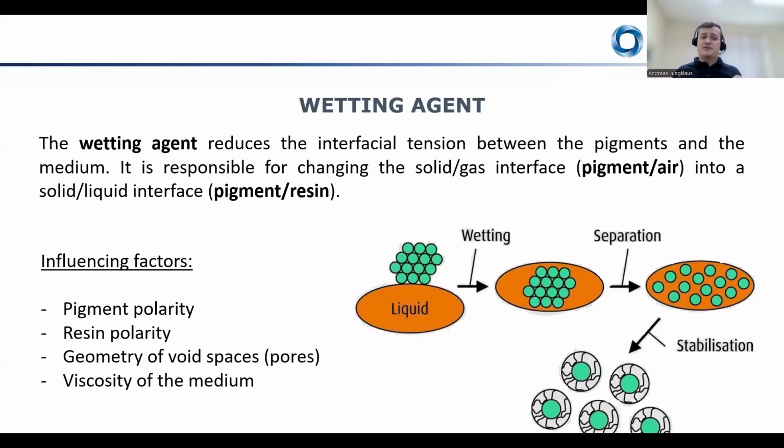A wetting agent reduces interfacial tension between pigment particles and the liquid medium, as I told you before. So the illustration down here shows the transformation of a solid air interface representing dry pigment surface into a solid liquid interface representing a pigment fully contacted by resin.